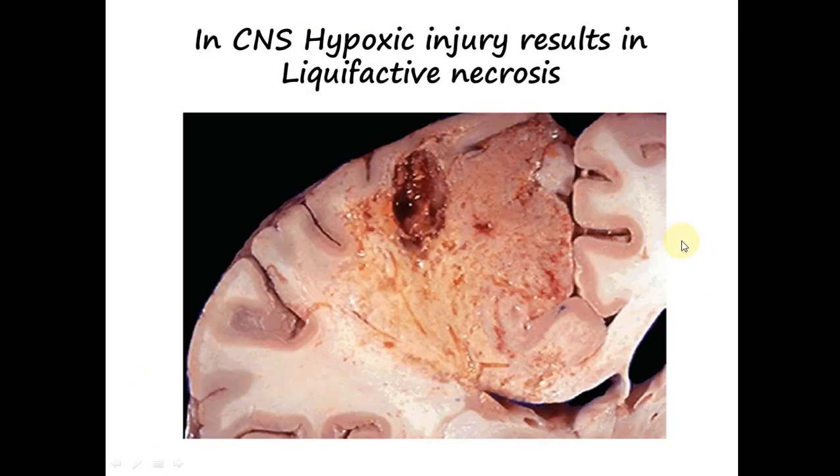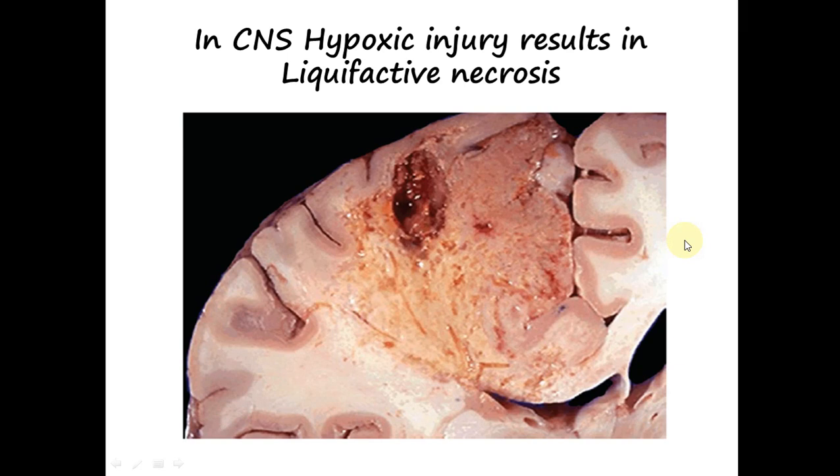Here one thing important that I want to mention is that unlike other tissues of the body, the central nervous system and the brain particularly do not undergo coagulative necrosis. And in the central nervous system, there will always be liquefactive necrosis.